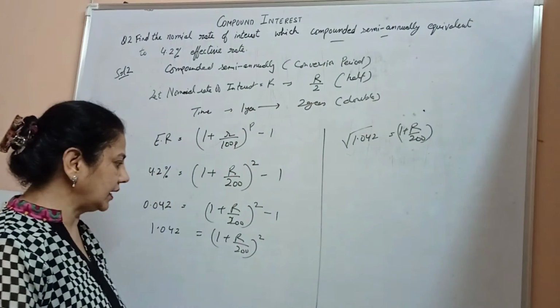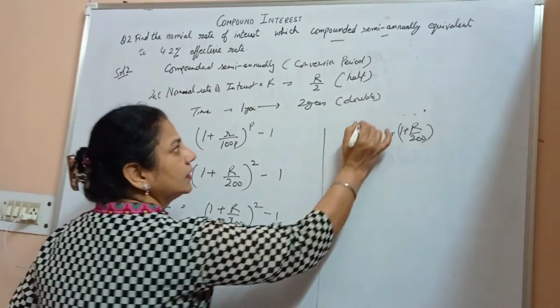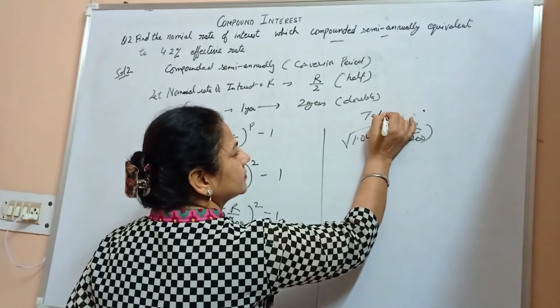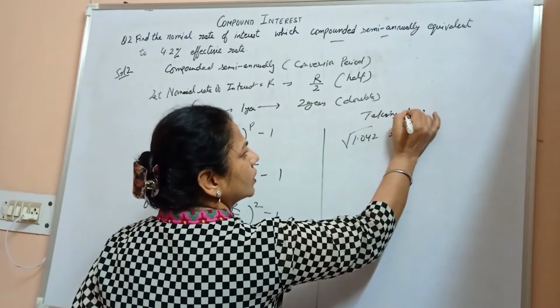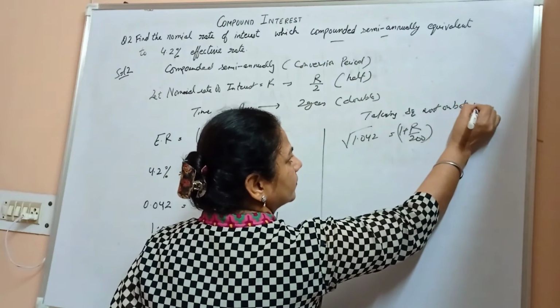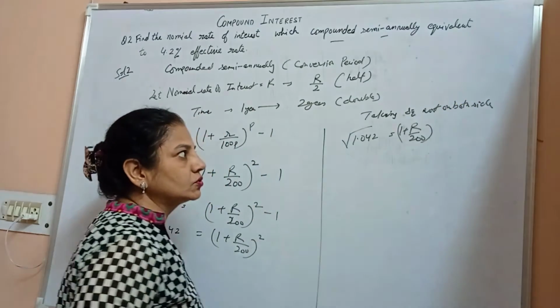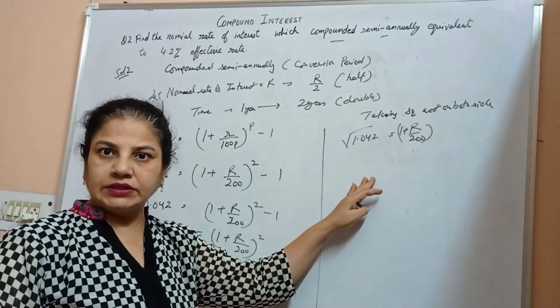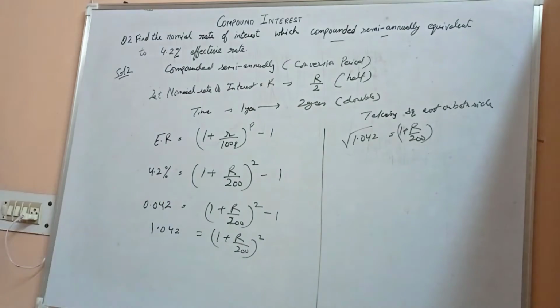Taking square root on both sides, I will get this. So the square root of 1.042, we check it out.